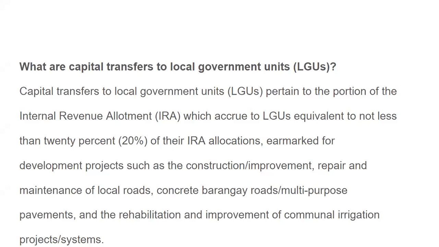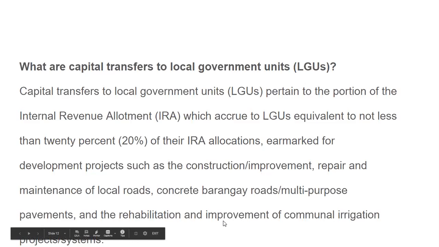It's their national share which forms part of the income of the local government units, equivalent to not less than 20% of their IRA allocation earmarked for development projects such as construction or improvement, repair, and maintenance of local roads, concrete barangay roads, all multipurpose pavements, and the rehabilitation and improvement of the communal irrigation project system.